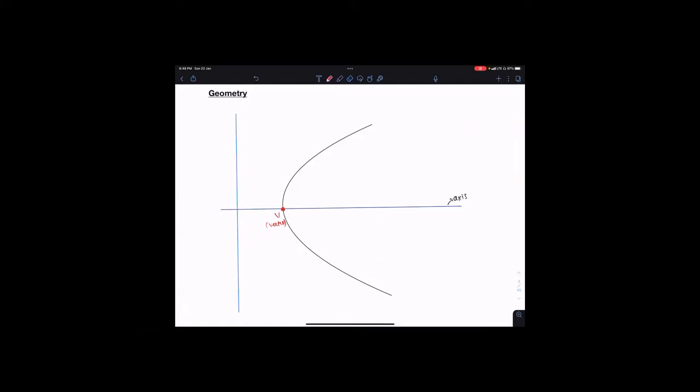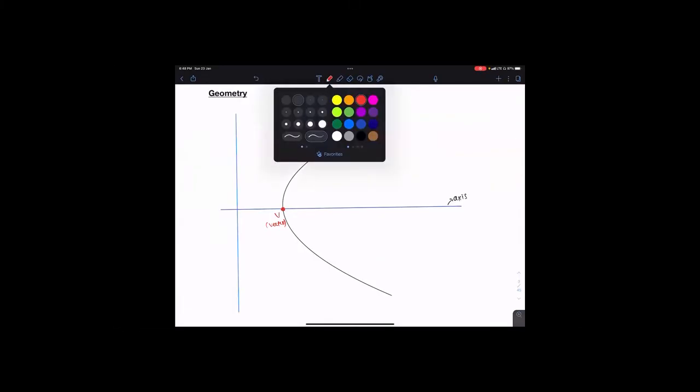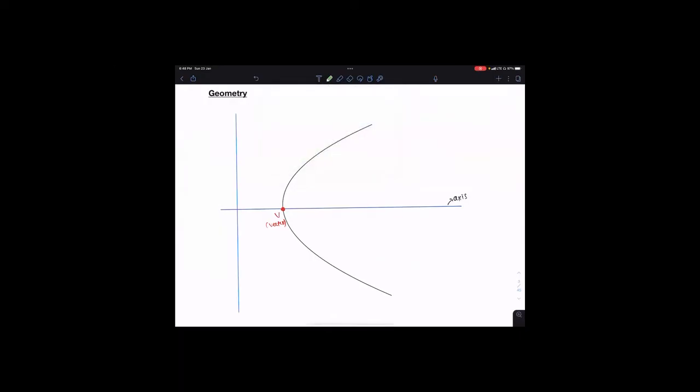Next, focus. For every parabola, there is something known as a. We keep that notation as a, which is nothing but the distance from vertex to directrix.